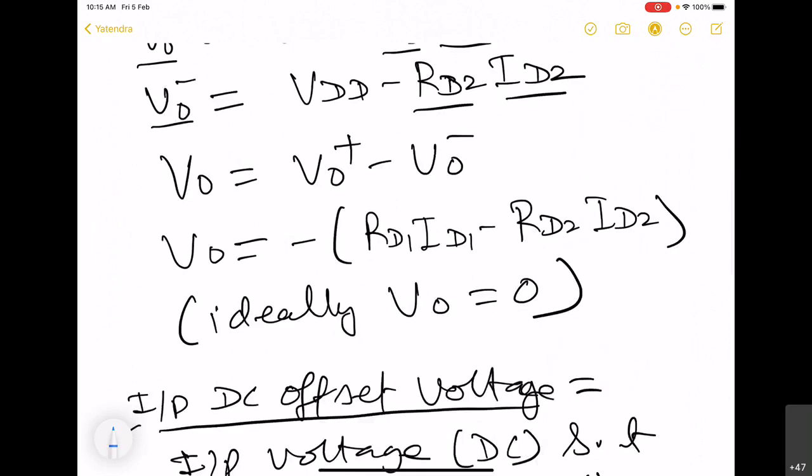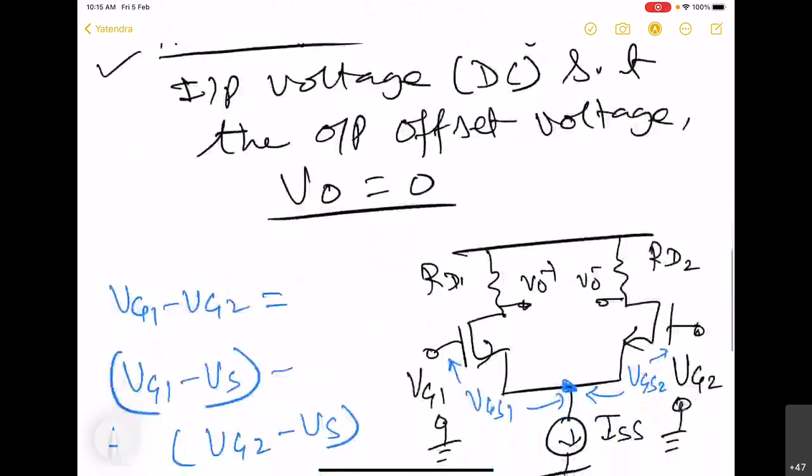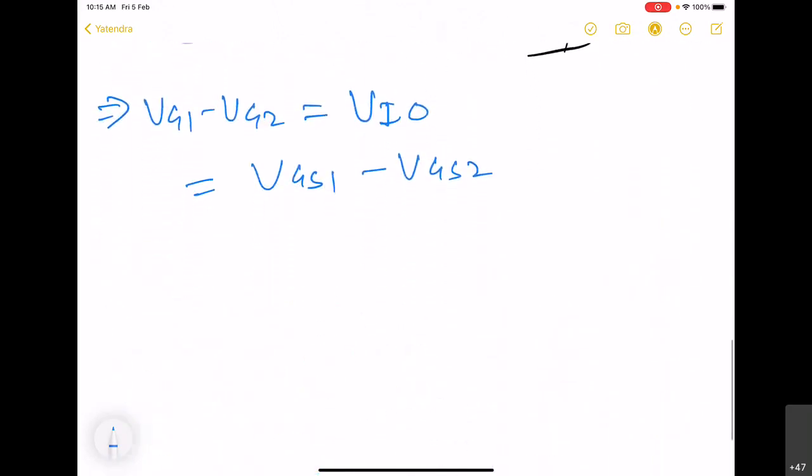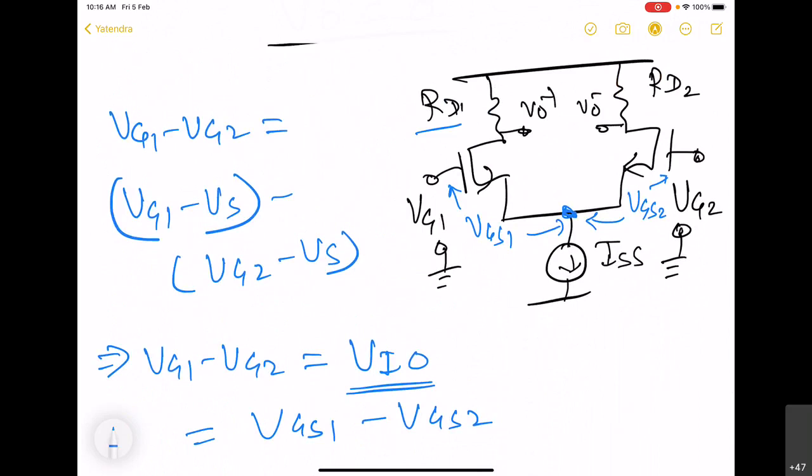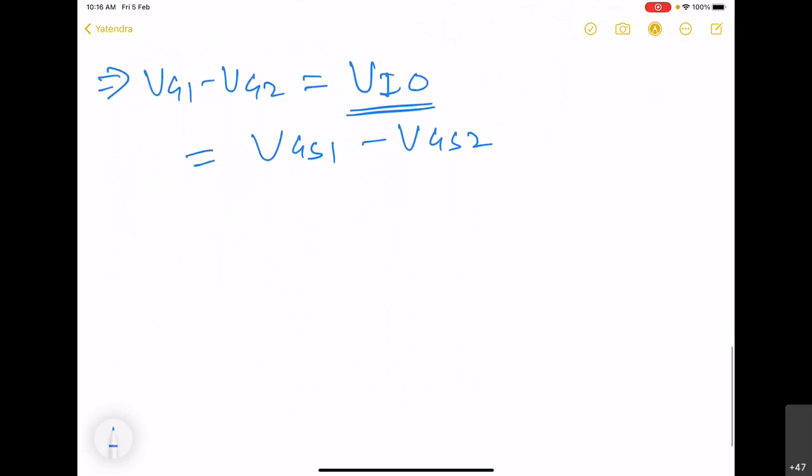Because it is this equation which is used to define the condition for input offset voltage. That means when this quantity is 0, we will convert gate to source voltage into the form of drain current, and then ultimately find out this quantity in terms of device parameter, the mismatch between resistors and mismatch between threshold voltage and W by L of MOS. So that is our objective.